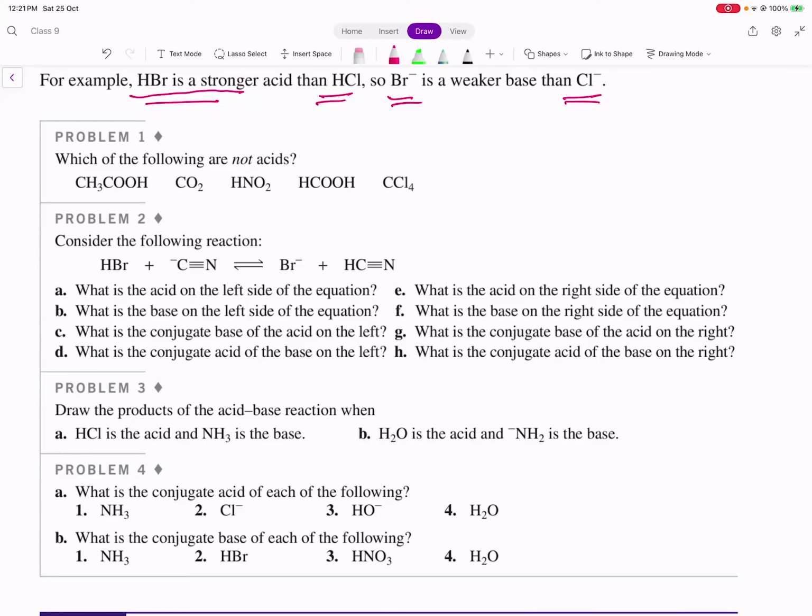Which one are you doing, Sanchita? The fourth one. Okay.